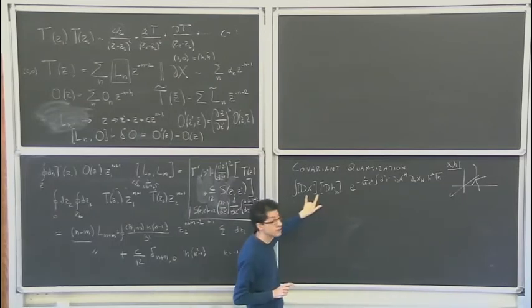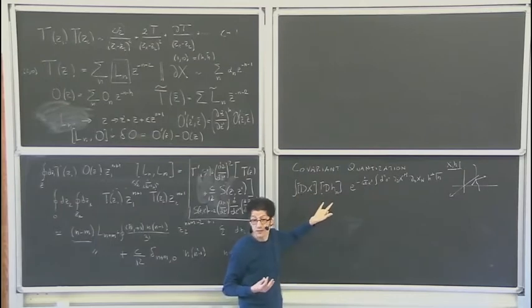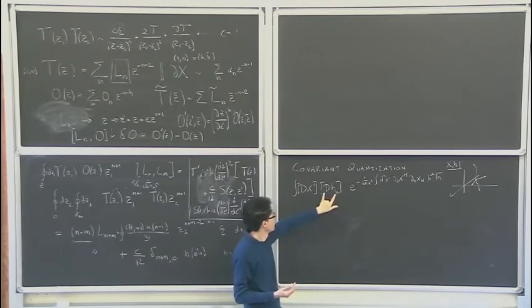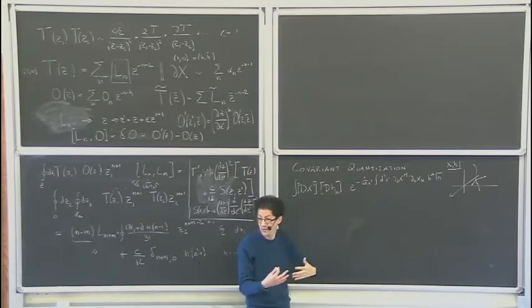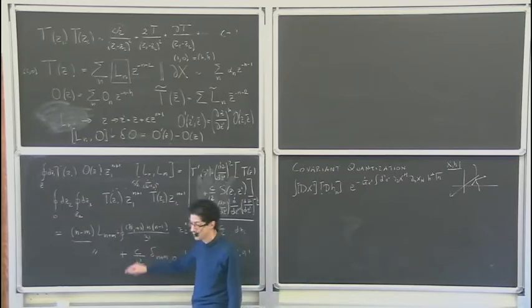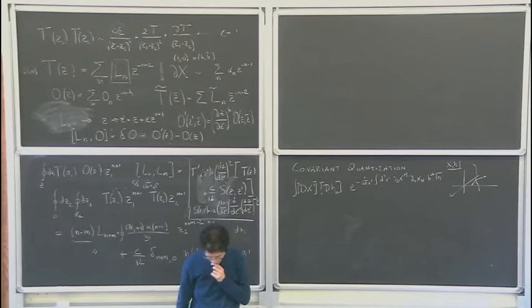But it may be that the measure you need to define the path integral is not. So you are breaking your invariance at this point. And so the question is, can I at the end recover something that is Weyl invariant or not? That's another way to see this issue.